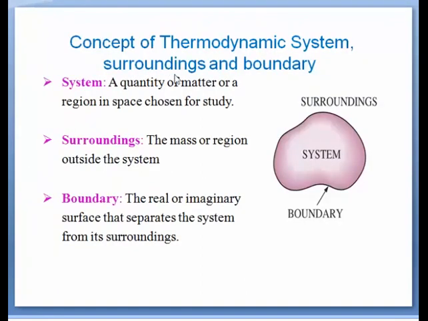Now we will see what a thermodynamic system is, what the surrounding is, and what its boundary is. So a system can be defined as a quantity of matter or a region in space chosen for study. For example, if we are discussing a thermal power plant in totality, it is a system, but a thermal power plant consists of a number of equipments such as boiler, turbine, condenser, generator.